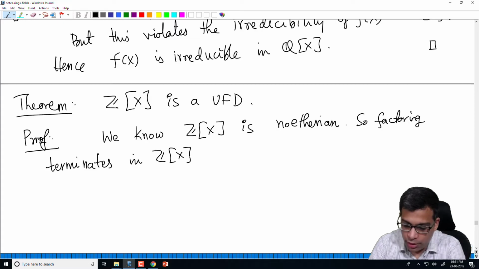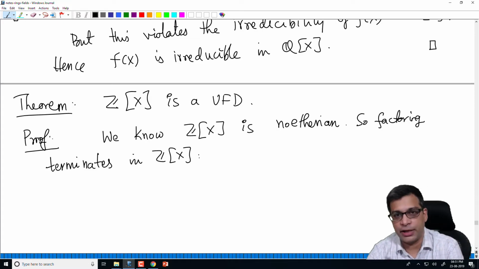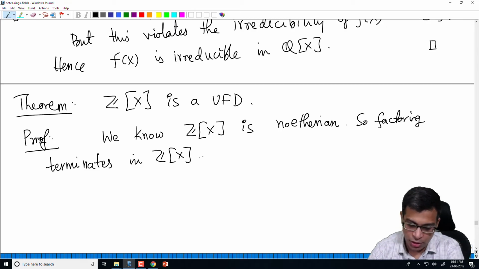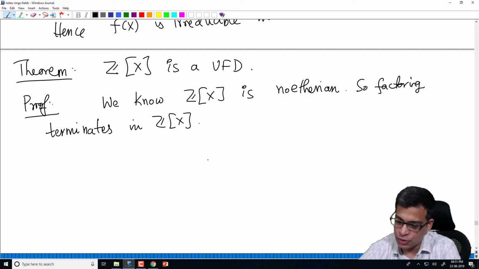Remember, in an integral domain, factoring terminates if the ascending chain condition on principal ideals holds. In fact, in Zx, the ascending chain condition holds for every chain of ideals, so it's a stronger condition. So factoring terminates.